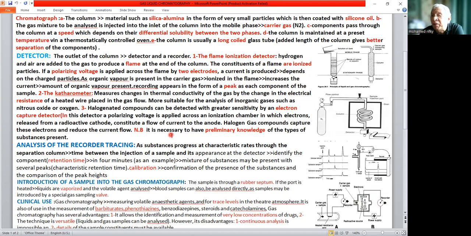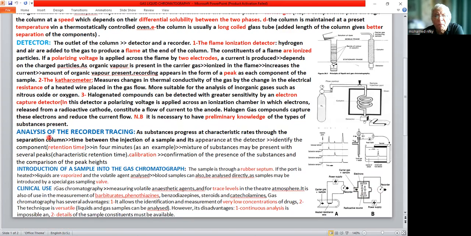The disadvantage of chromatography is that you have to have preliminary knowledge about the constituents of the mixture. The time taken for the detector to identify the type of the gas is called the retention time. As you can see from this figure, suppose after 4 minutes we have a peak that appears.